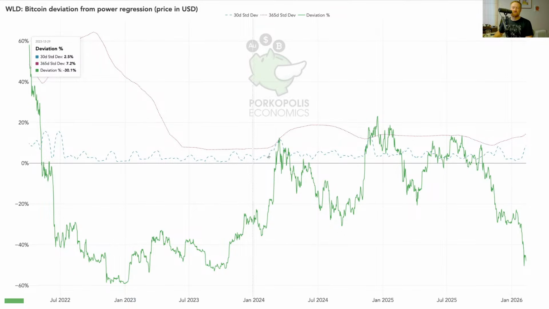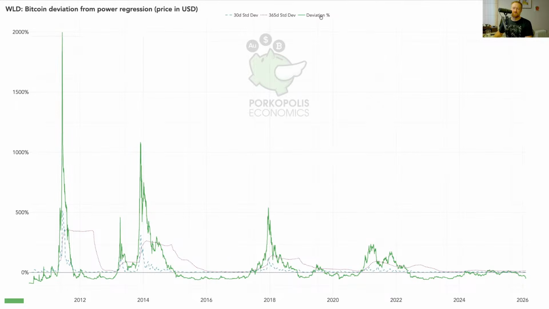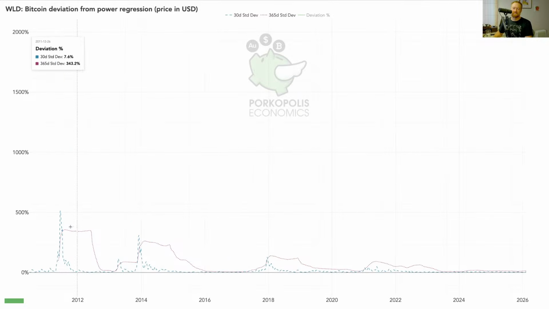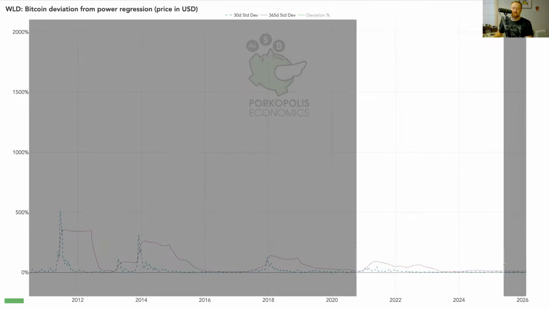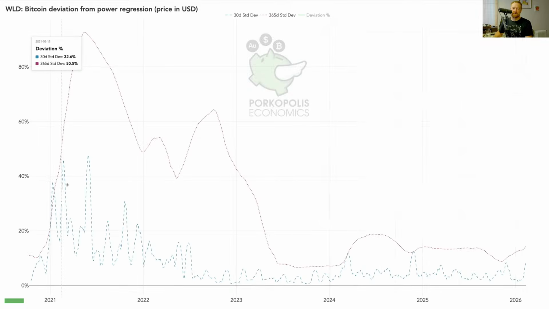But what's also interesting then is if we smooth it out, and we remove this, we just smooth it out, we can see the 30-day and then the 365-day changes. And here's the 2021 boom, but these are daily deviations, daily.